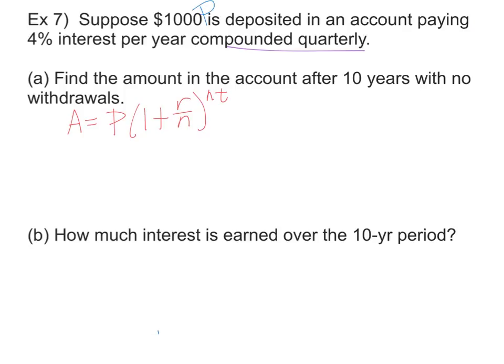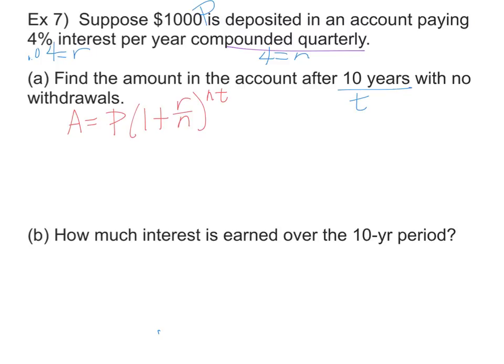My rate is 0.04 because you're taking the percent and putting it into a decimal. And I also know that my compounded quarterly here is a 4, and that represents N. After 10 years, that's going to be my t.